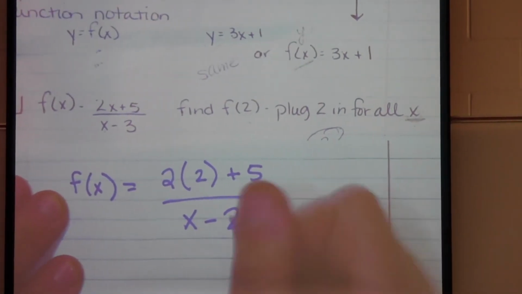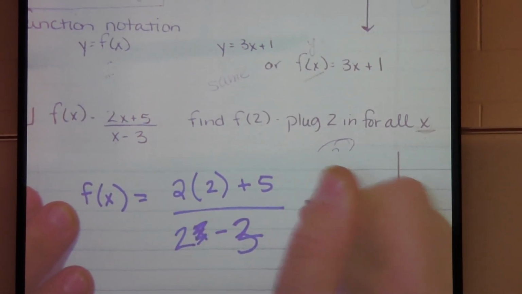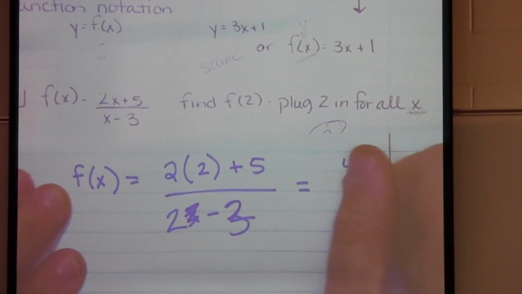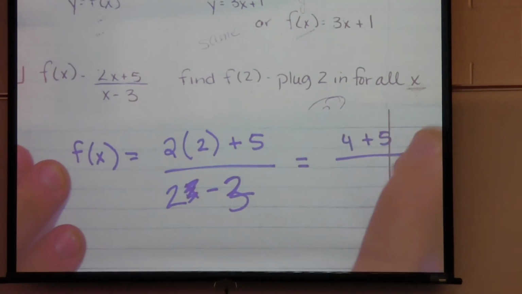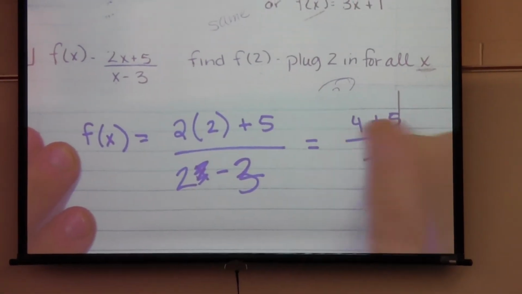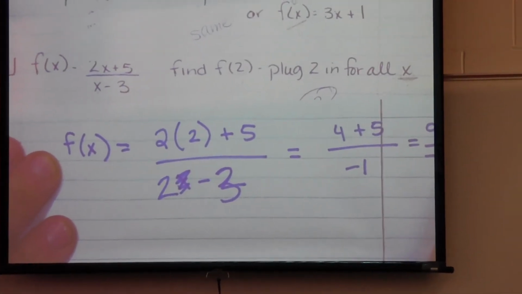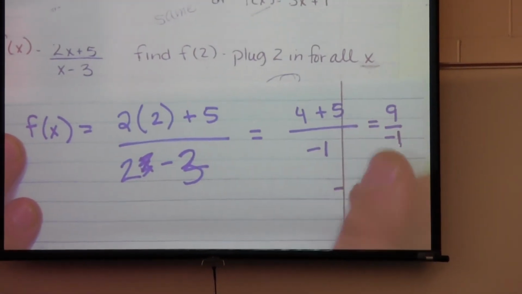Oops, sorry. X minus 3, and I forgot I was plugging 2 in there. So on the top I have 4 plus 5. On the bottom I have 2 minus 3, which is -1. So 9 over -1, which is -9.